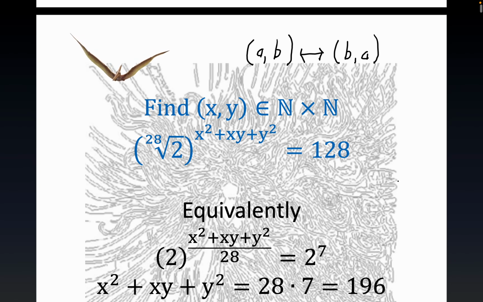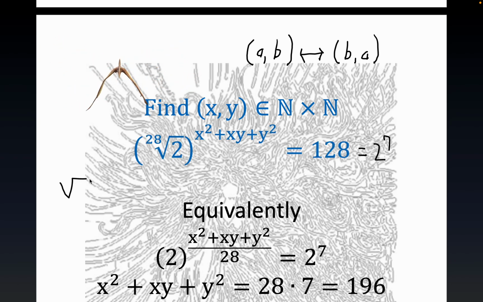Now, we can rewrite this expression in this fashion, and it's useful to notice at the very beginning that both sides are going to have a base of 2 ultimately. Over here we have the 28th root of the square root of 2. Well, that's the very same thing.